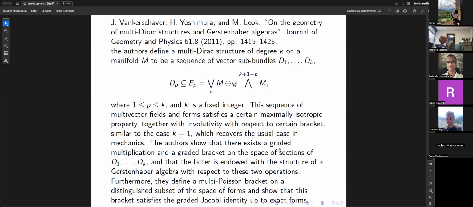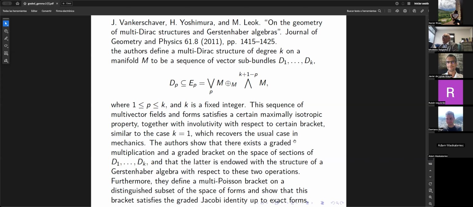So this is the problem of people trying to extend Dirac structures. And so in this paper by Joris Vankerschaver, Hiroaki Yoshimura, and Melvin Leok, in 2011, they define a multi-Dirac structure.